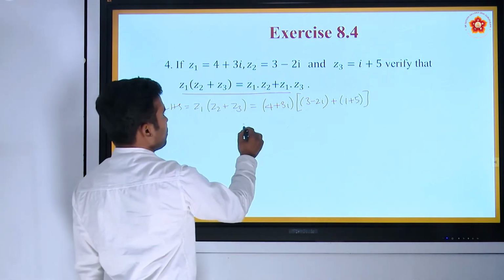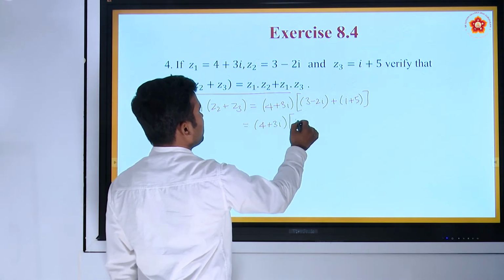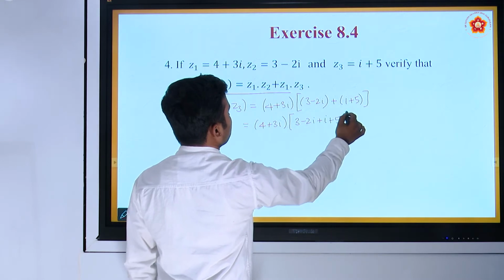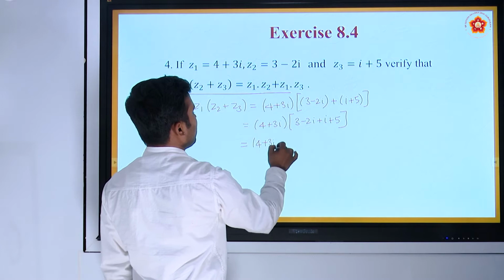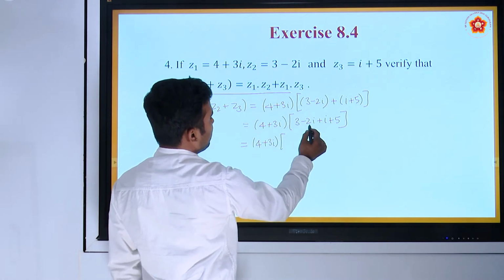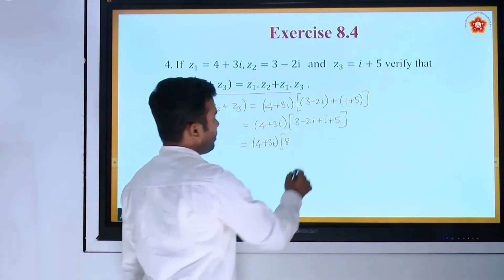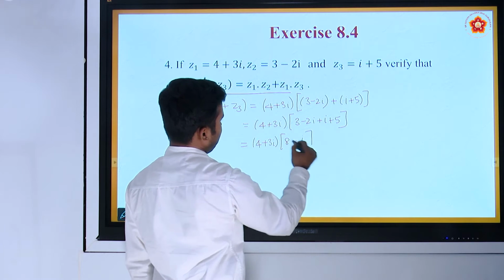So this is equal to (4 plus 3i) into (3 minus 2i plus i plus 5), which is equal to (4 plus 3i) into, here 3 plus 5 is 8, and here minus 2i plus i is minus i.